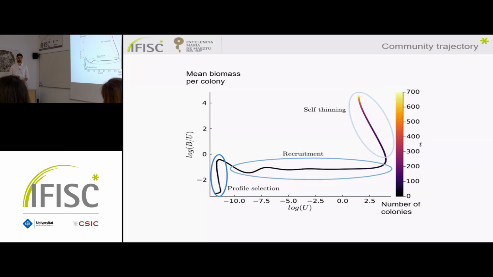They start competing, and they change from this exponential growth to the self-thinning phase, where the number of colonies, here, and the mean biomass of colonies, here, start to decrease, even if the total biomass is increasing through this process.